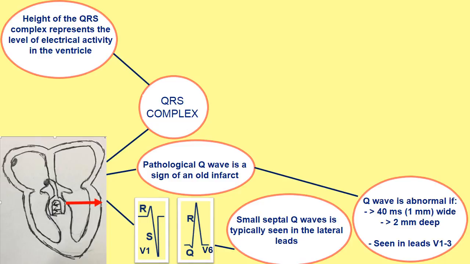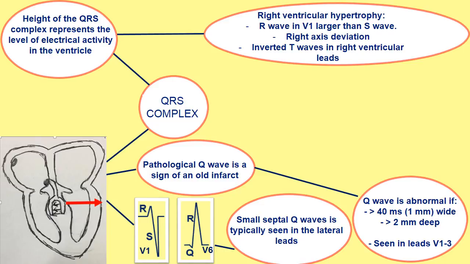And we talked about electrical hypertrophy. The height of the QRS complex represents the voltage, which is based on the amount of muscle you have in that part of the heart. So let's say right ventricular hypertrophy, there will be more muscle in the right ventricles.